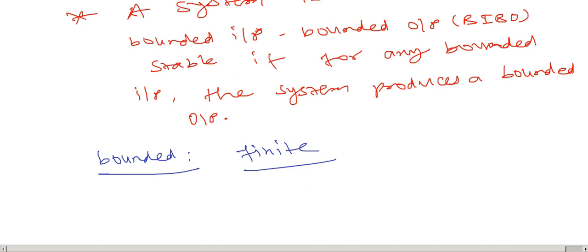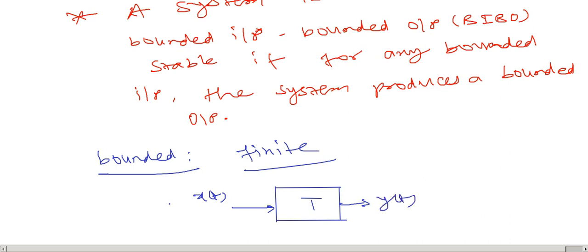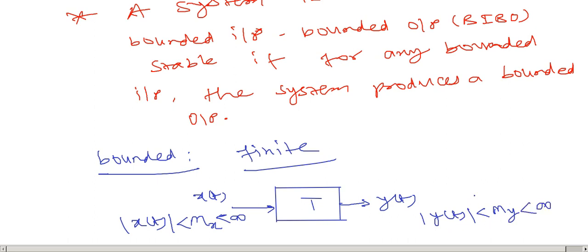So it means this is system T, this is input x(t) and this is output y(t). Now if this x(t) is bounded, meaning the magnitude of x(t) is less than some number Mx which is finite, meaning less than infinity, then this output must also be less than some number which is less than infinity.